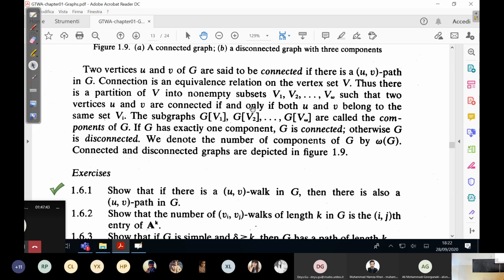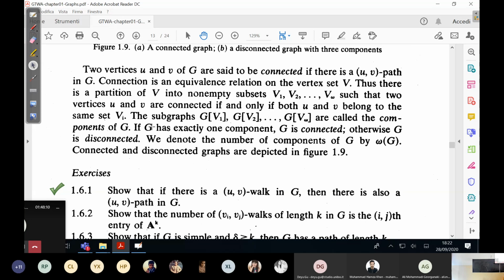So there is a partition of V into non-empty subsets V1, V2, up to V omega, such that two vertices U and V are connected if and only if both U and V belong to the same set Vi. The subgraphs induced by these vertex sets are called the components of G.